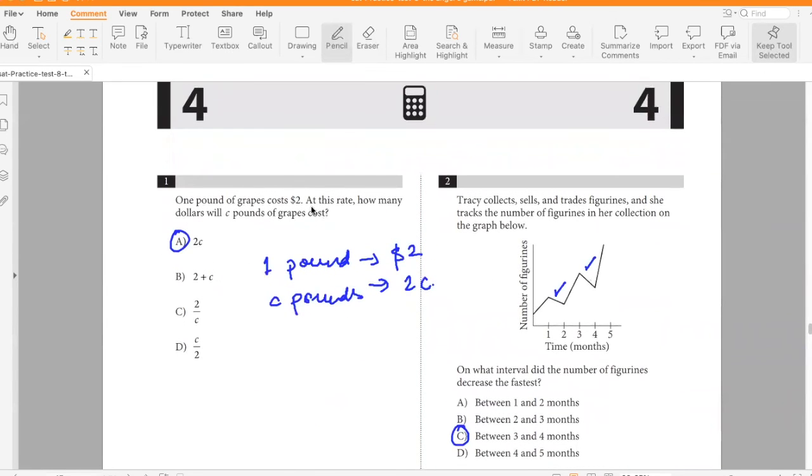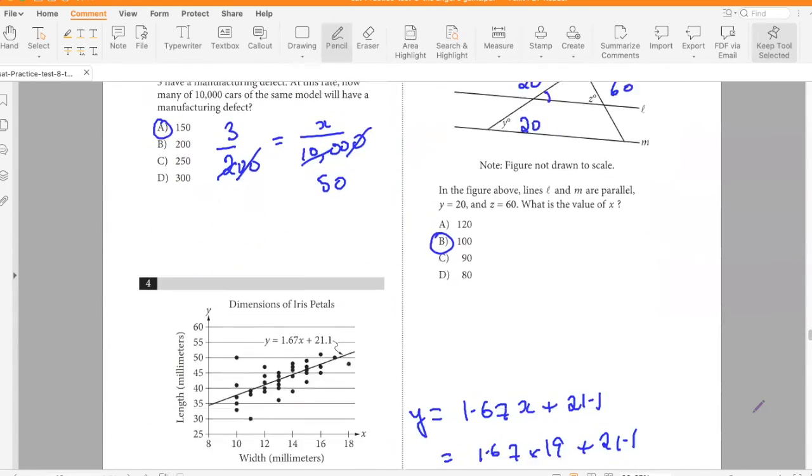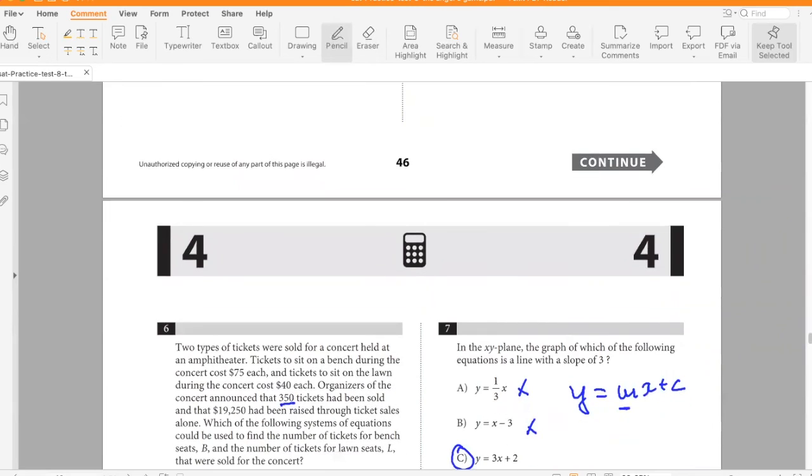Question 1. ACACB. Okay. Number 6. DCBDC.